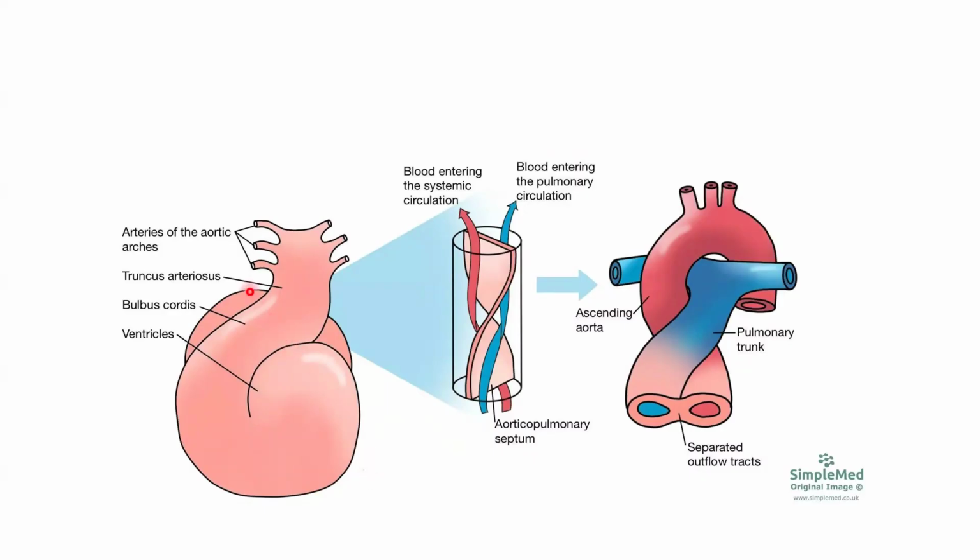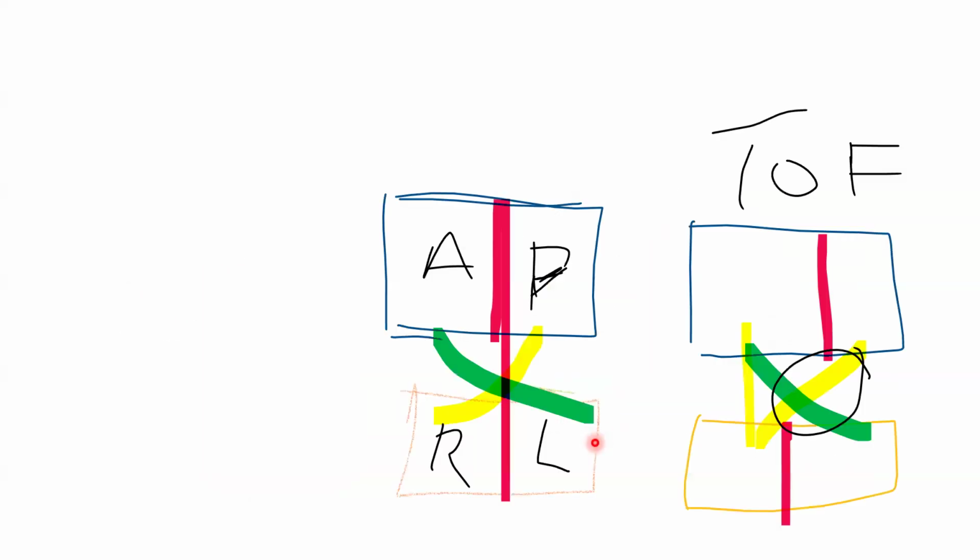I also mentioned that just before the septation of the great arteries, you have the aortic arches or the pharyngeal arches, okay, joining the truncus arteriosus to form the head and neck vessels. We'll talk about them a bit more later. But for now, this septation is only the septation of the truncus arteriosus into the aorta and the pulmonary artery.